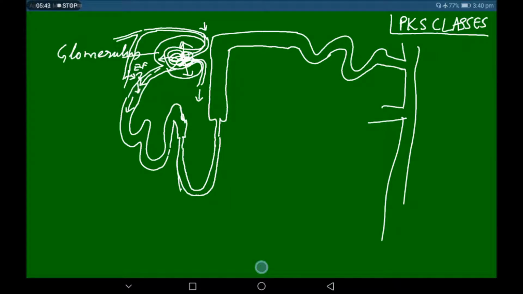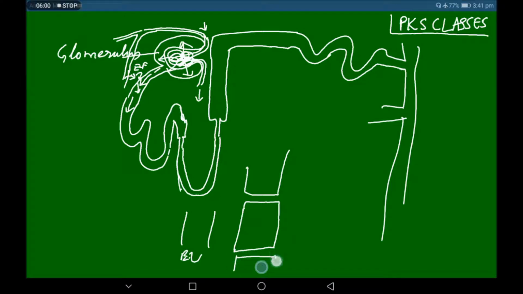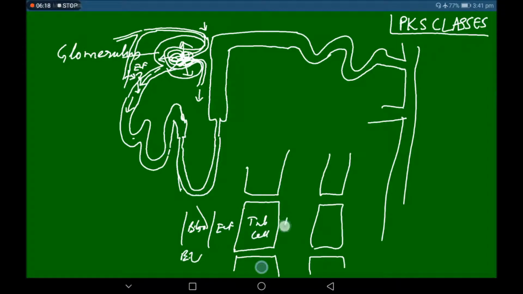If you draw a diagram like this, we have the blood vessels, the capillary, then the extracellular fluid, then the tubular cell, then the lumen. So we have blood, then extracellular fluid, then the tubular cell, then the lumen.